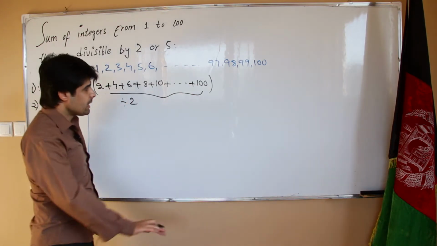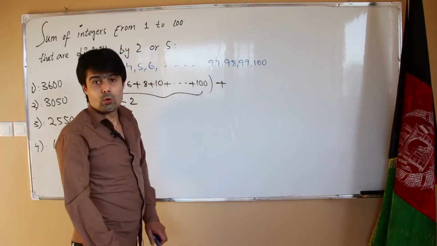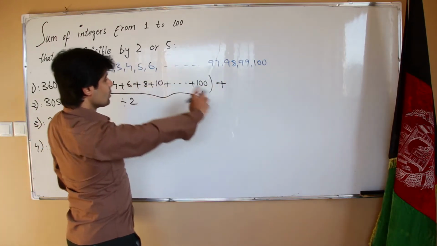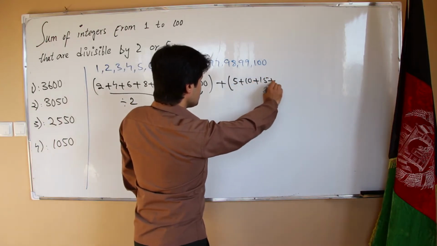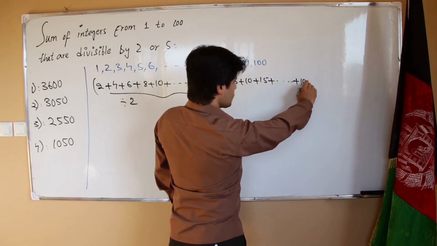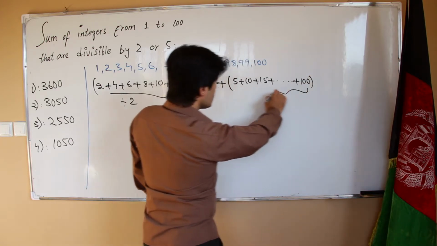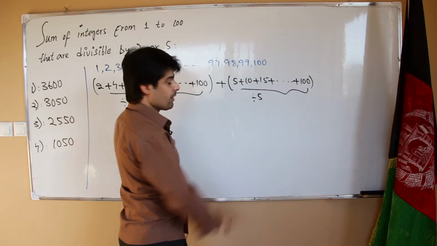Next, in here we have some of the numbers which are divisible by 5. Those are 5, 10, 15, up to 100 also. Now, these numbers are divisible by 5.